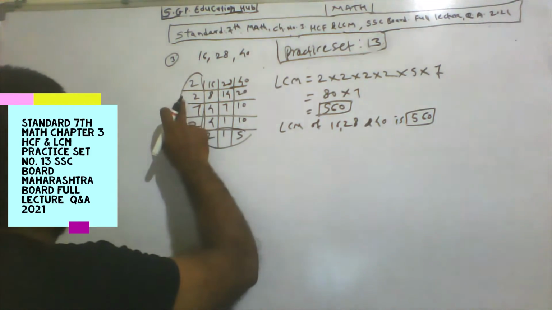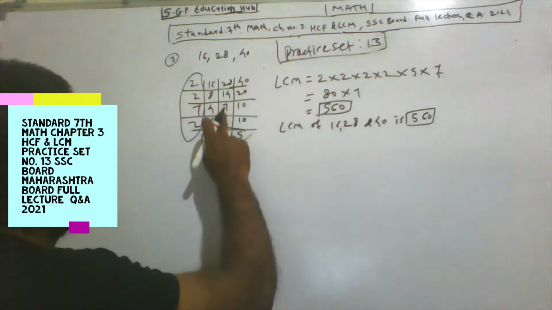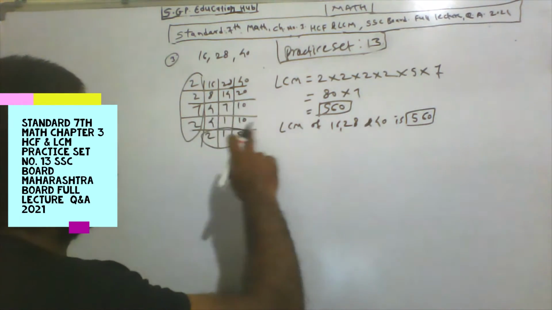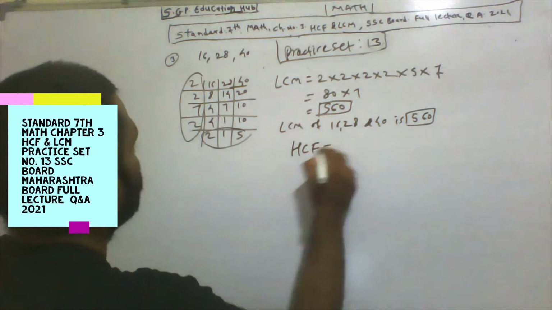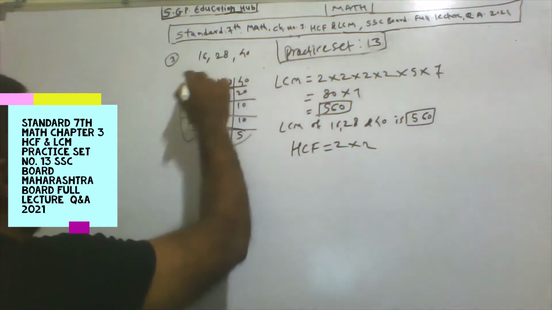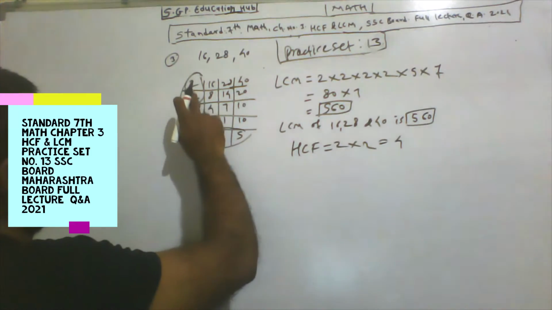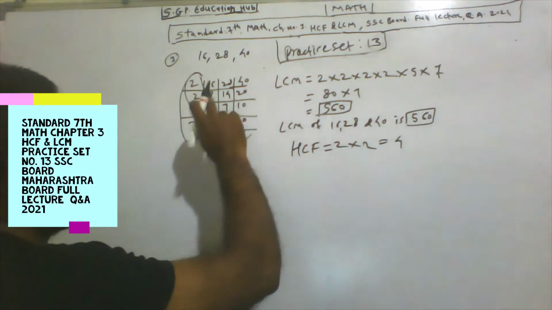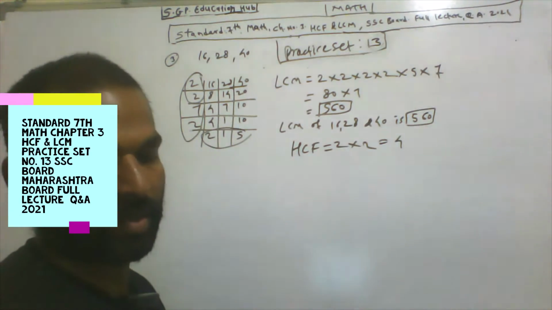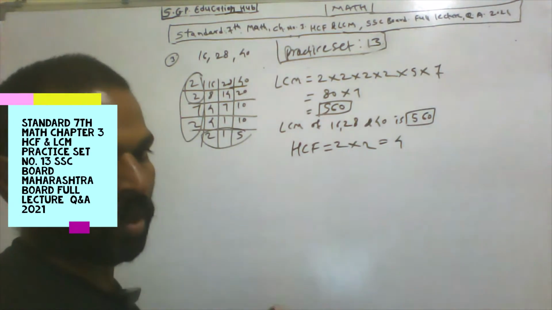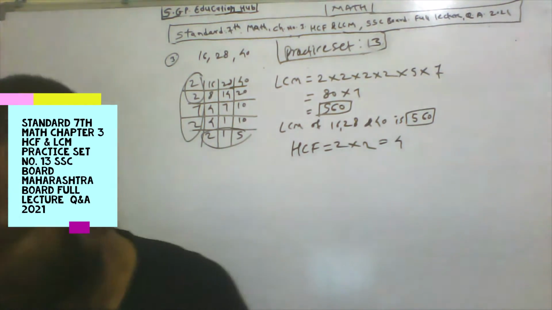I think 2 times 2. 7 is not common because 7 divides only 28. So HCF is equal to 2 into 2, which is 4, because both 2s are common factors in all three numbers. Okay, now go on to the next question.